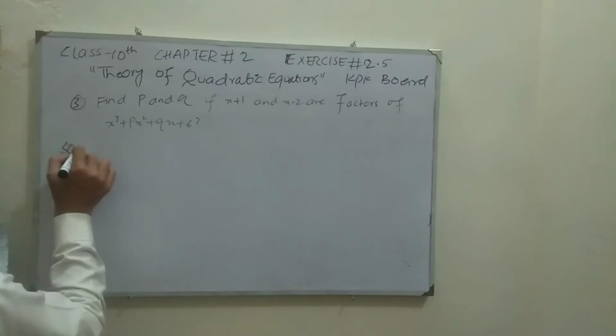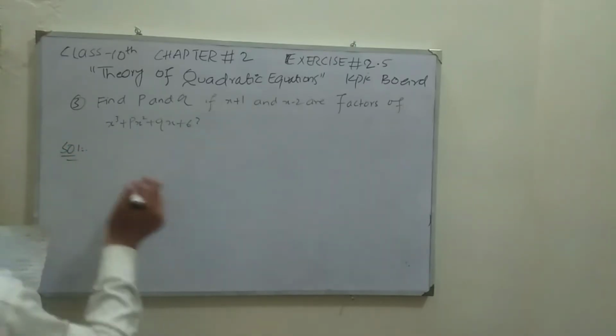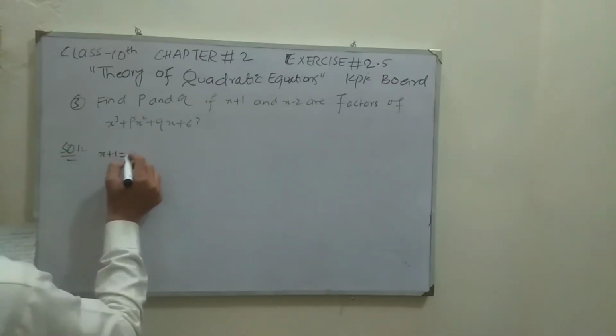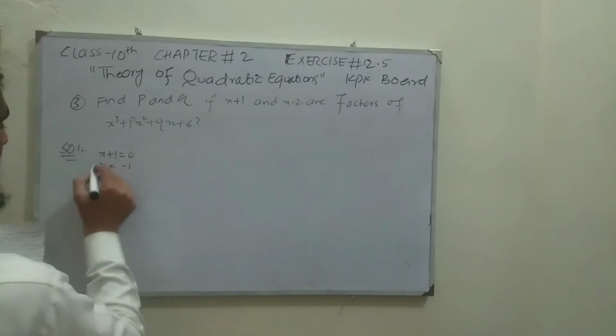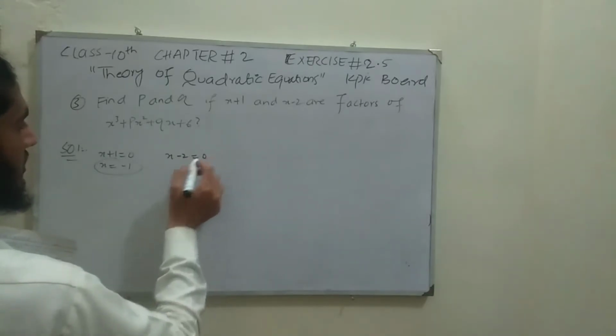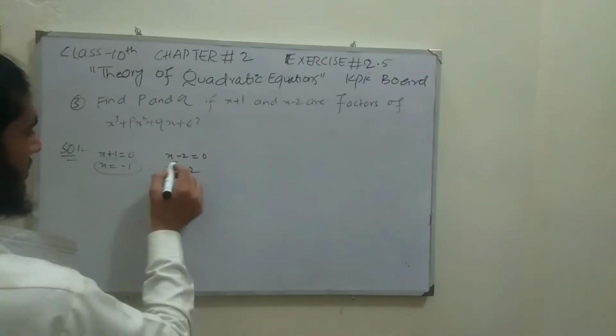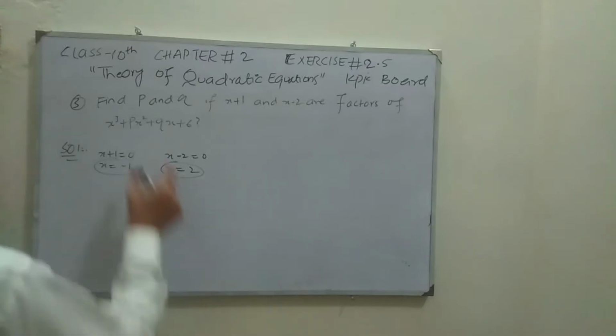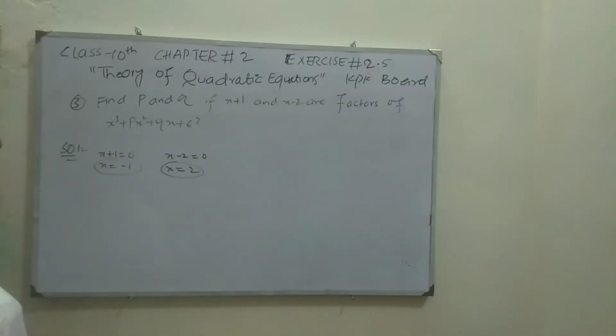Solution. Equate x plus 1 to 0, so x is minus 1. First root is x equal to negative 1. Equate x minus 2 to 0, so the second root will be x equal to 2. These are the two roots of the given polynomial x power 3 plus px squared plus qx plus 6.